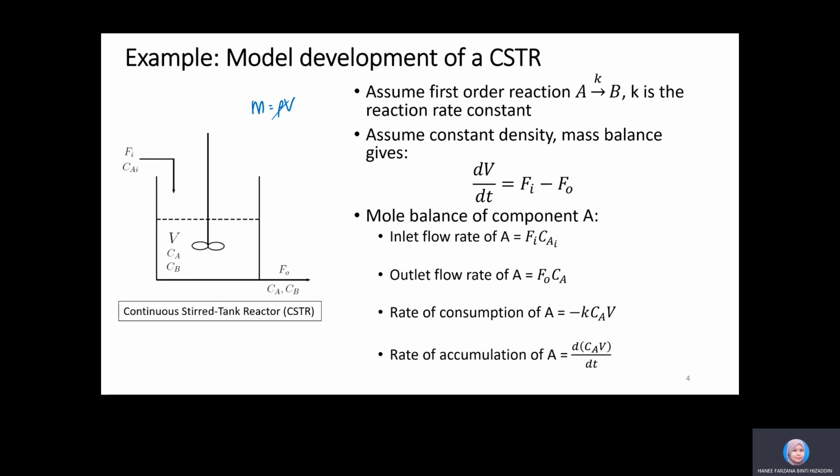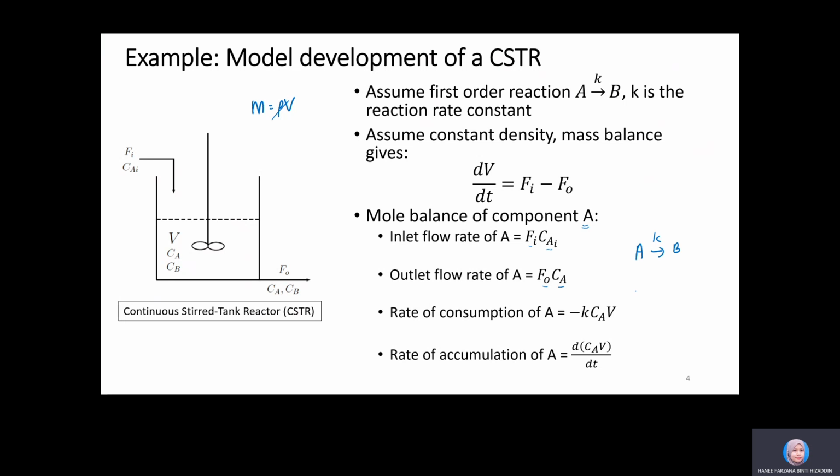Let's go through the component balance for A. Looking at just component A, the inlet flow rate of A is Fi times CAi, where CAi is the concentration of A. The outlet flow rate of A is Fo times CA, and the rate of consumption of A is given by the reaction A produces B, where k is the rate constant.